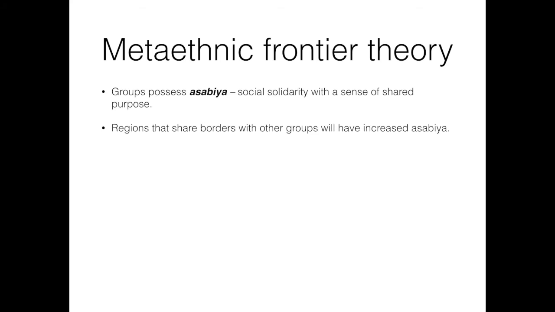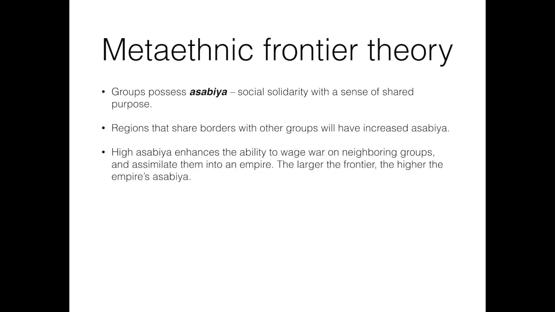The theory proposes that polities that share borders with different polities will be bolstered in their sense of asabia, which will be important for producing group-level phenomena like warfare and empire building. As empires expand their territories, their increased access to resources is going to drive further growth.